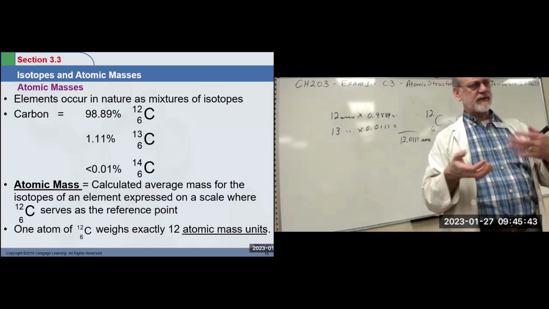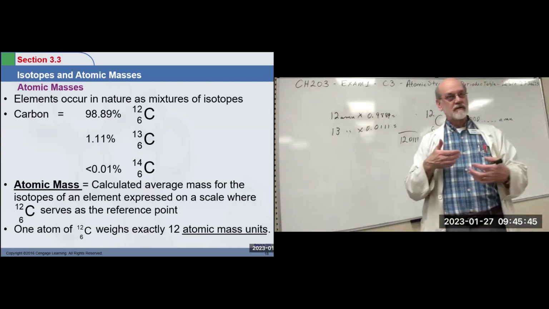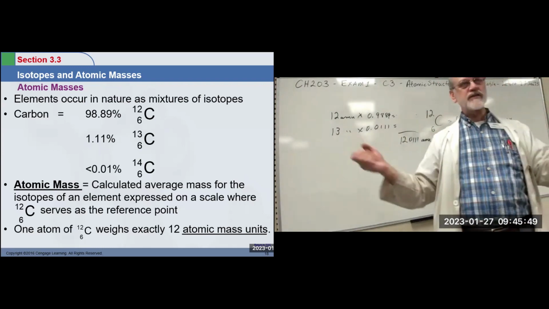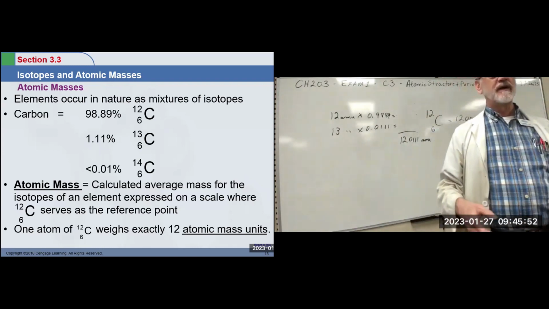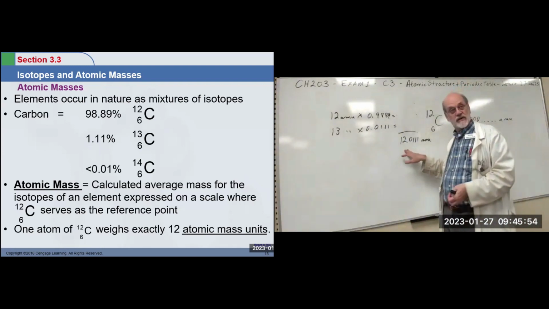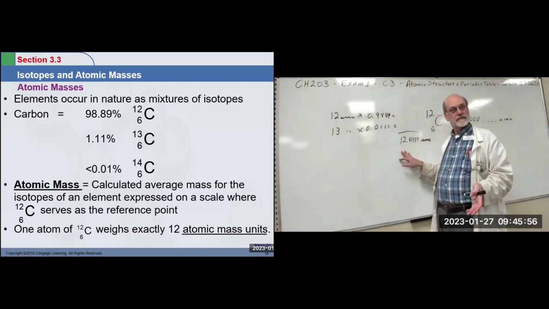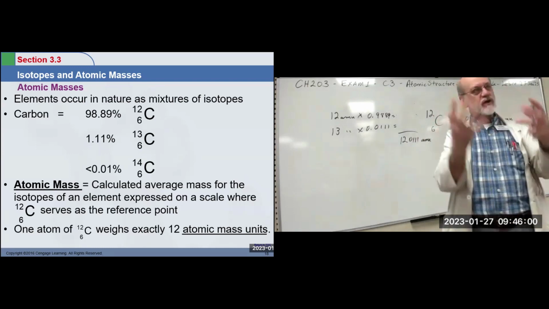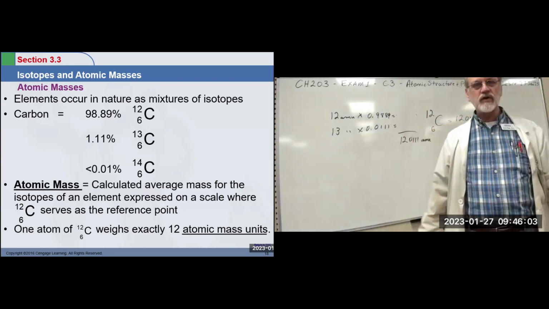And they're going to be a mix of isotopes, right? We don't have the equipment or the desire to separate those isotopes before we do the reaction. So by knowing this value, we don't have to, because that tells us all we need to know about that naturally occurring mix of isotopes. We can do our chemistry.